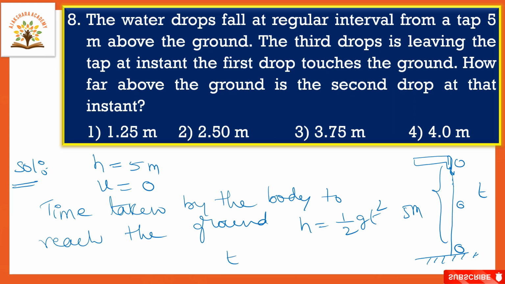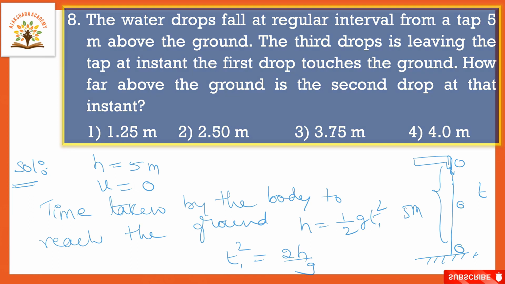From this, t square is equal to 2h by g. So from this you can write t1 is equal to root of 2h by g.